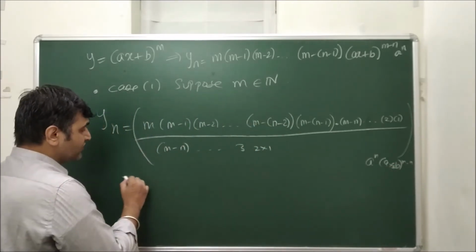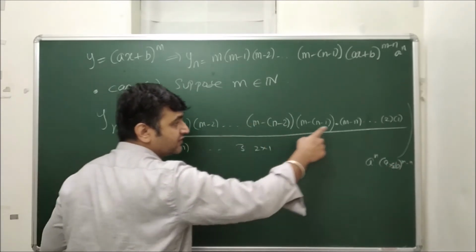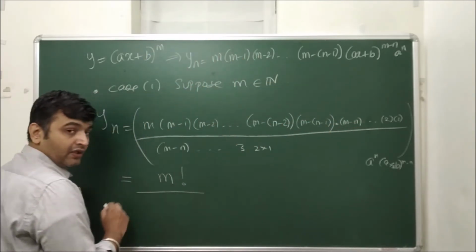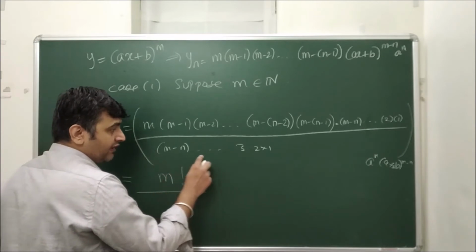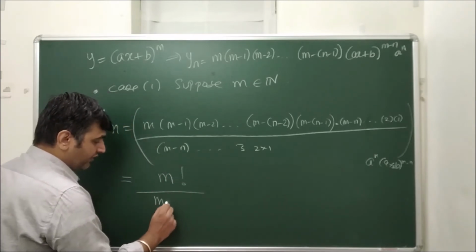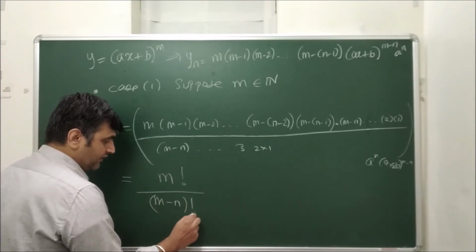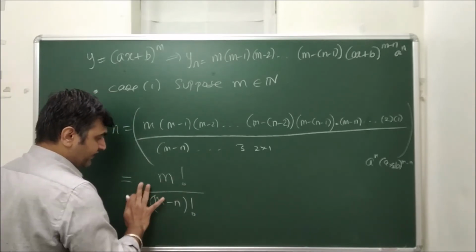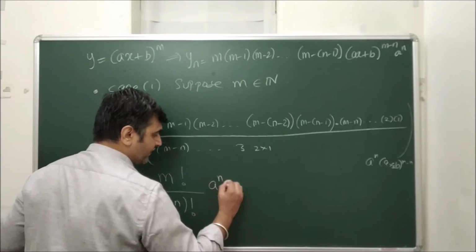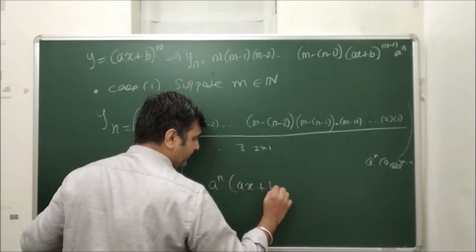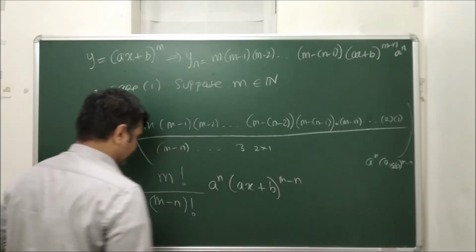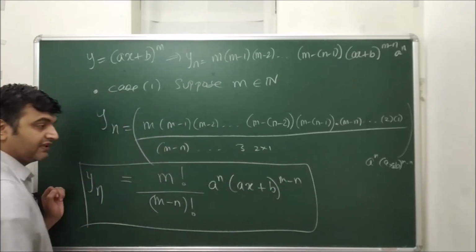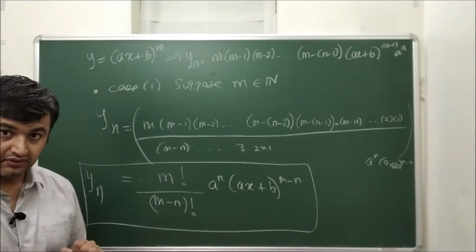Correct? Now what is the numerator? m, m minus 1 and so on up to 3, 2, 1. So it is nothing but m factorial. And what is the denominator? m minus n down to 3, 2, 1. This is nothing but m minus n factorial. So yn is m factorial over m minus n factorial, multiplied by a raised to n into ax plus b raised to m minus n. So this is the formula for yn if your m is a natural number.